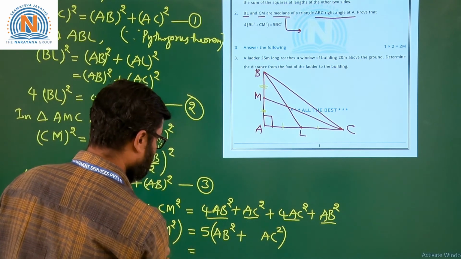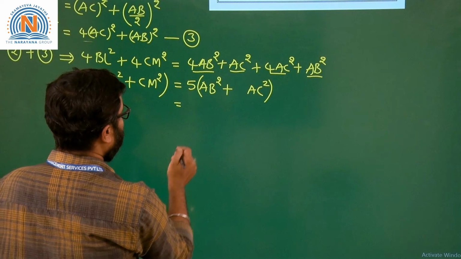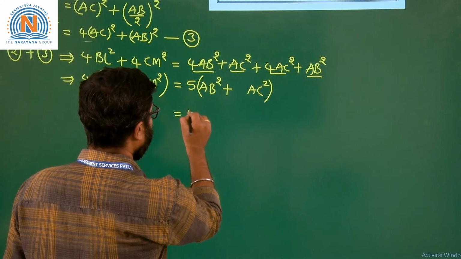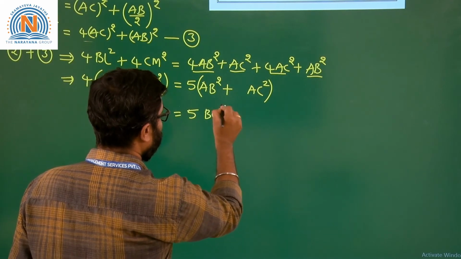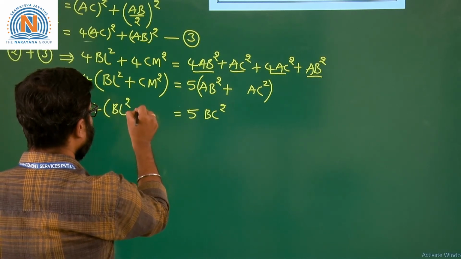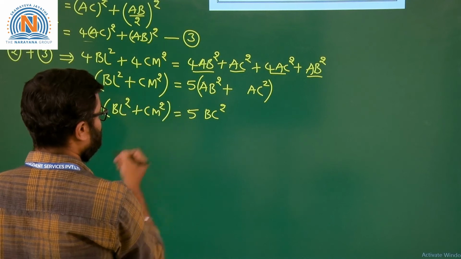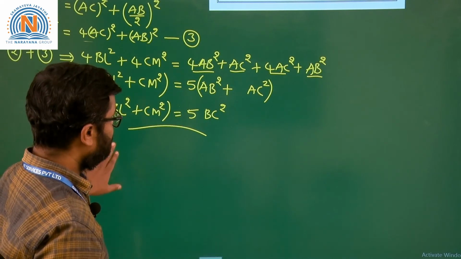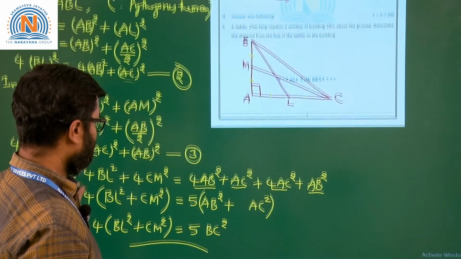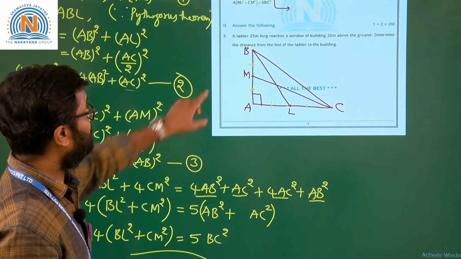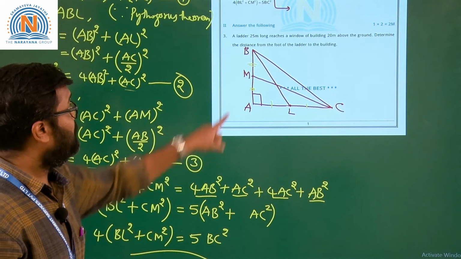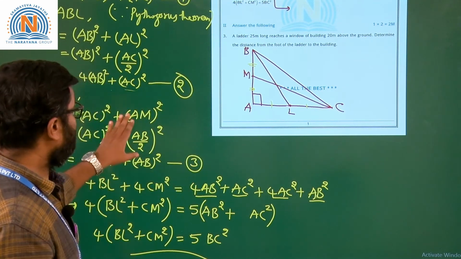So that means here 5 into BC square, that is nothing but LHS, 4 into BL square plus CM square. So hence we proved that 4 into BL square plus CM square is equal to 5 BC square. So that's the proof of the second question.